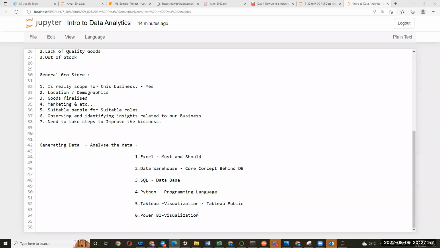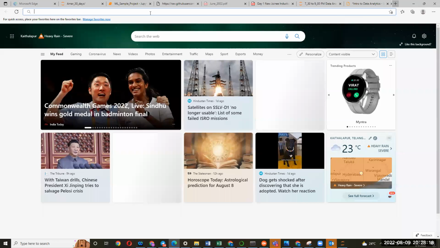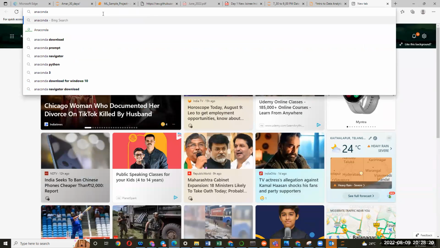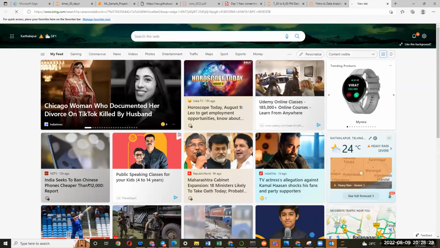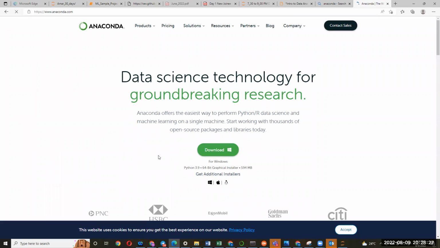Power BI, we'll install anyway. This is also free. Most of the functionalities we are going to utilize as free. For the Python programming language, you need to install Anaconda. This is also free and it will be available. So just simply you can search with the name Anaconda. You go to this particular website and by default it will show based on your system configuration.